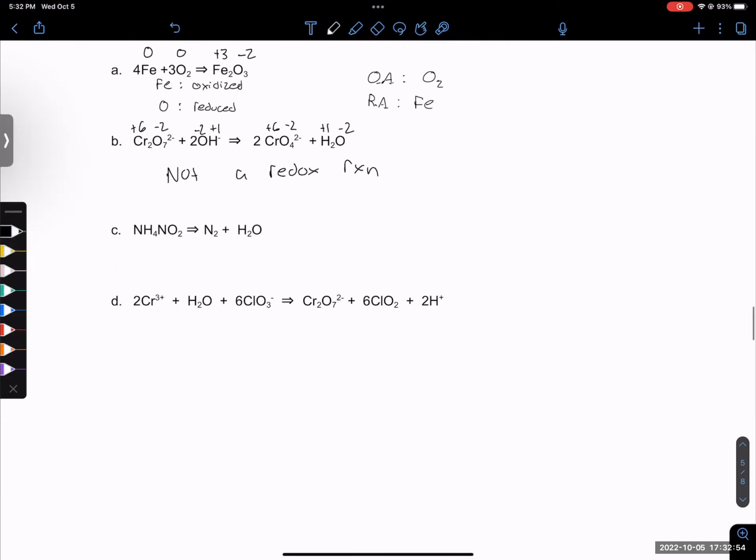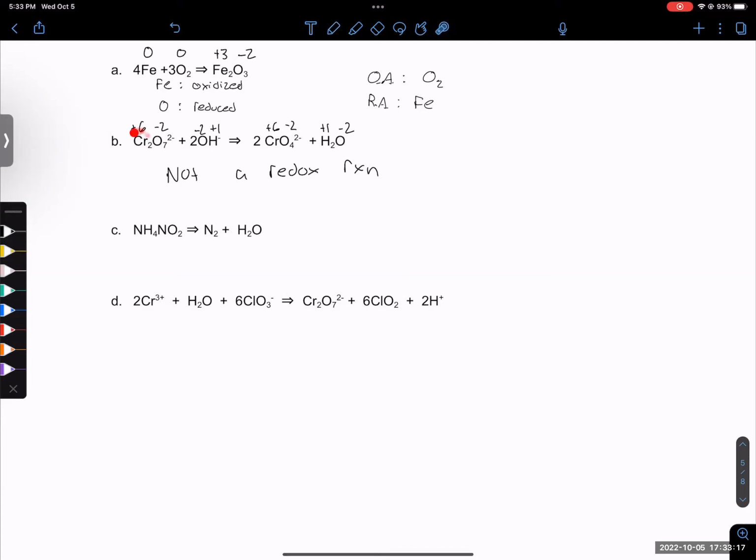Good question. In order for it to be a redox reaction, the oxidation numbers of any two elements have to change, because in order for one thing to be oxidized, another thing has to be reduced, and vice versa. So the oxidation numbers have to change within the reaction.